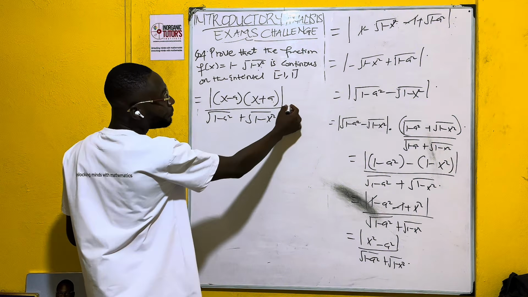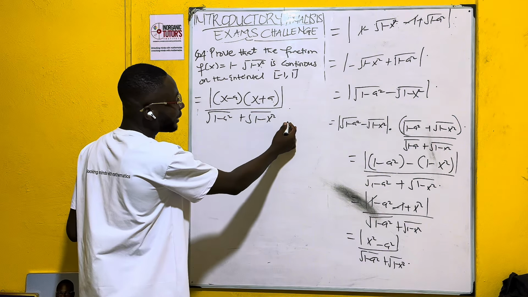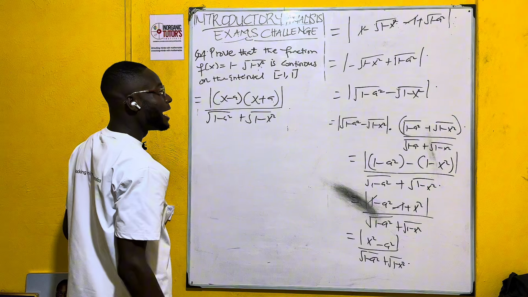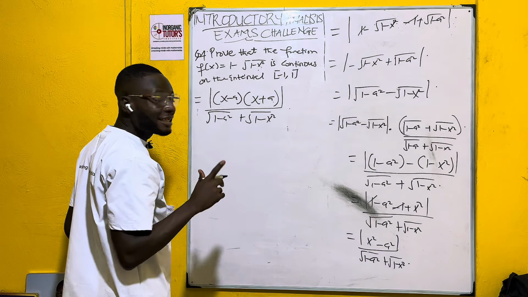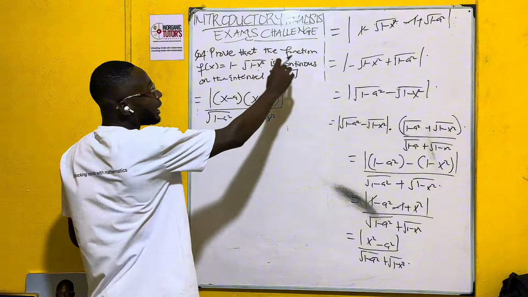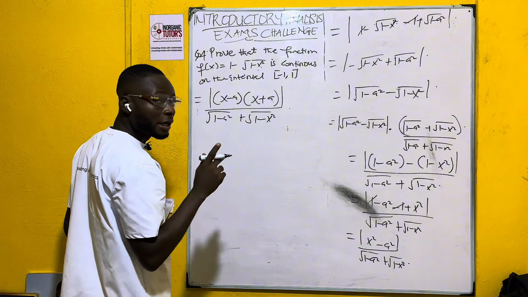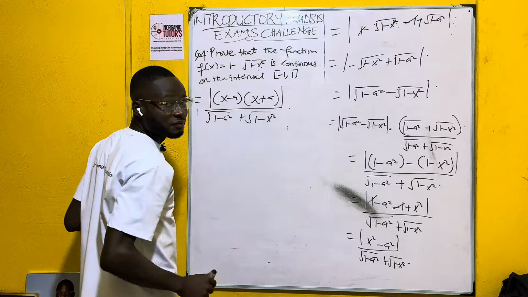Now, we have to bound this expression, right? How do we bound this expression? We have to make sure that absolute value of x lies between positive 1, and then absolute value of a also lies between positive 1.